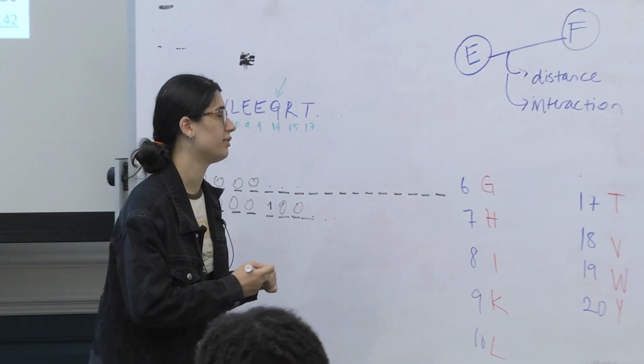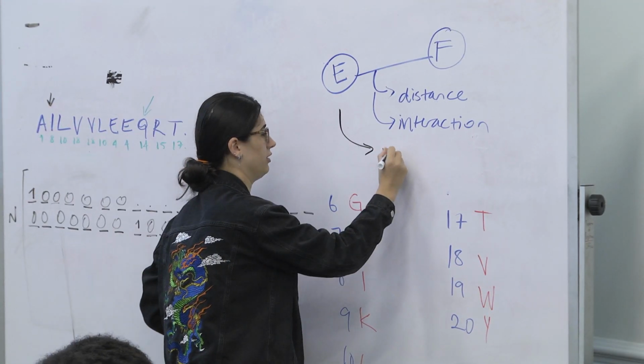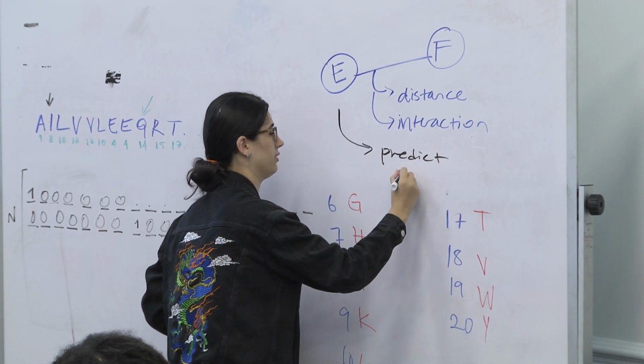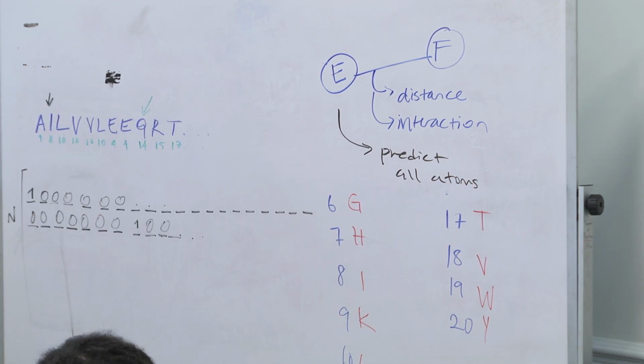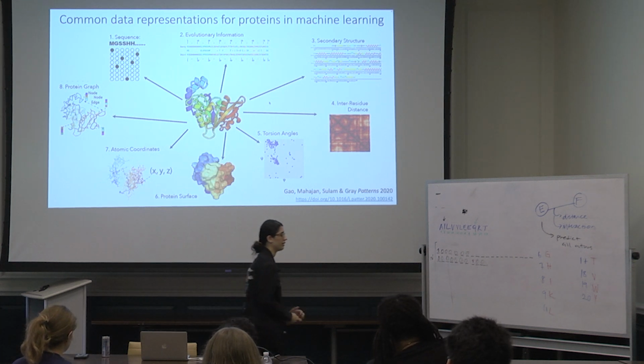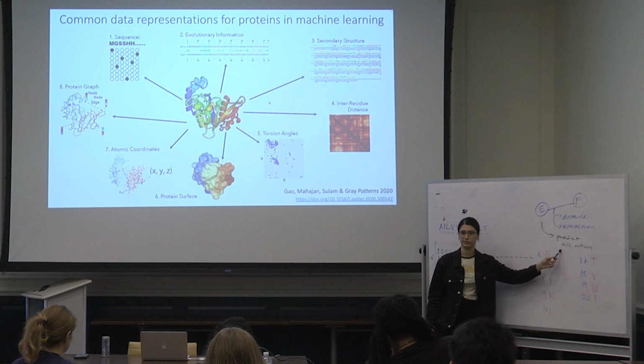Do you think it's easier to get to this point and then maybe figure out a way to predict all atoms once you've placed the residues at a certain position? Is there a computational cost to doing everything at the atomic level?